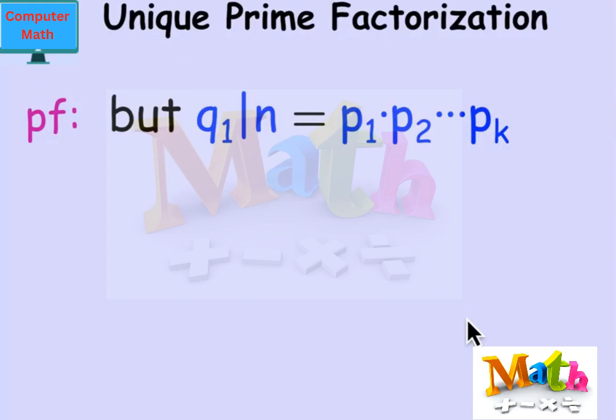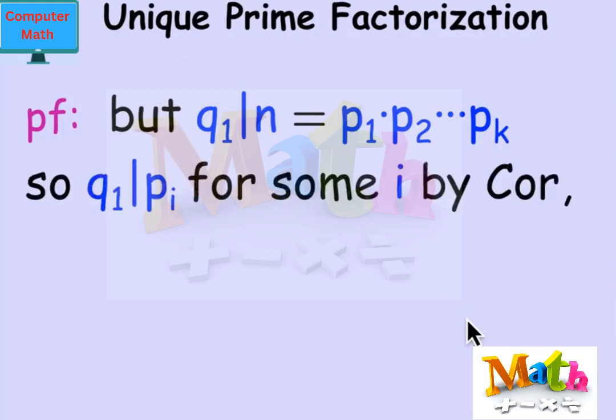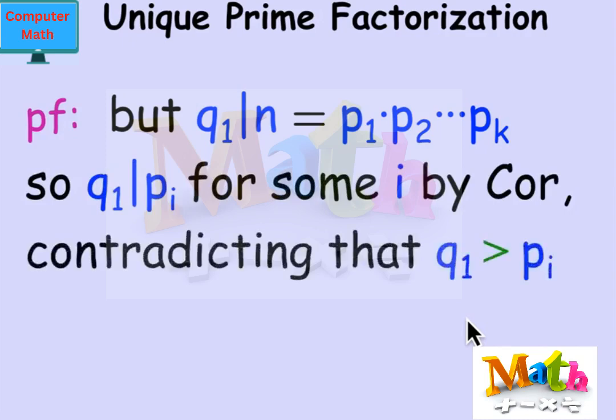What I know is that q1 divides n, and n is the product of the p's. And since q1 divides the product of the p's, by the corollary, it's got to divide one of them. q1 must divide pi for some i, but that contradicts the fact that q1 is bigger than pi. It's not possible for the larger number to divide the smaller number. And we're done. We have proved the unique factorization theorem.